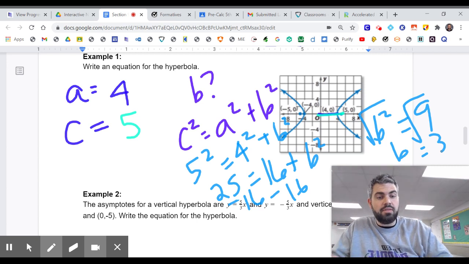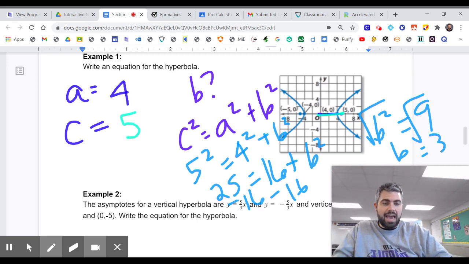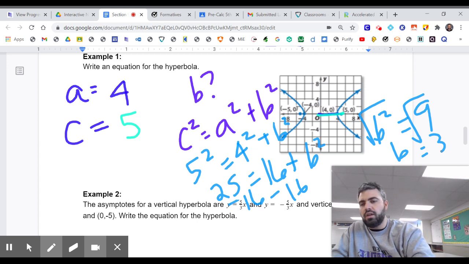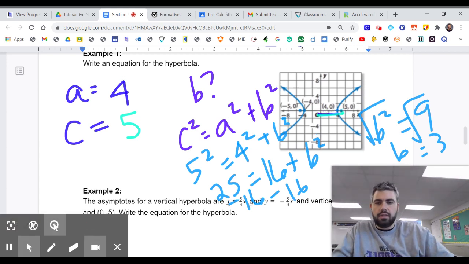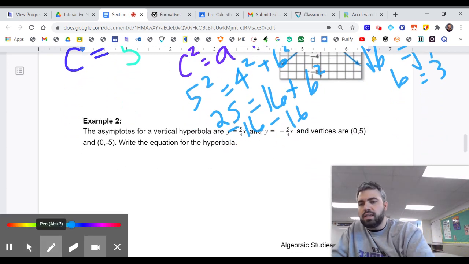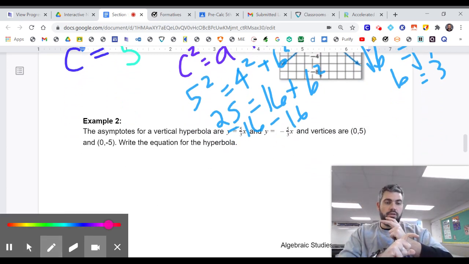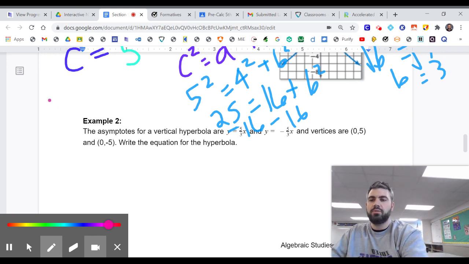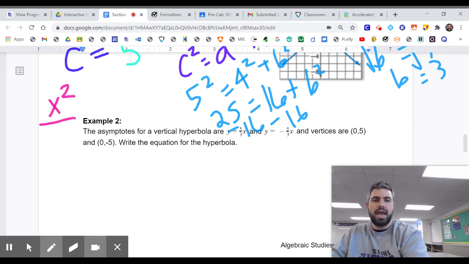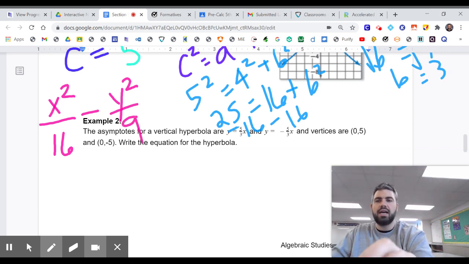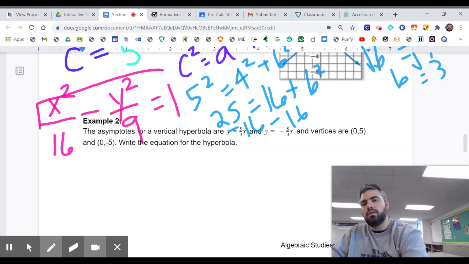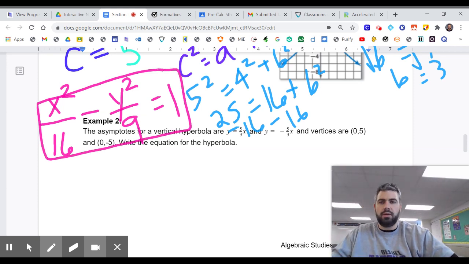Once we know b and a, we know how to write the equation of our hyperbola. So let's do that. That one was a horizontal one, which means x squared comes first. So it's going to be x squared over a squared, which was 16, minus, instead of plus, y squared over 9, because we said b squared was 9, equals 1. So there's the equation of our hyperbola.